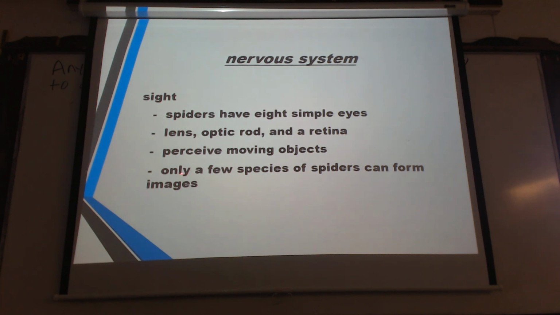So we viewed this from public television. Only a few spiders can form images, and with that, what type of spider would do that? Not a specific species, just in general. Was it a ground dweller? Was it a tarantula?